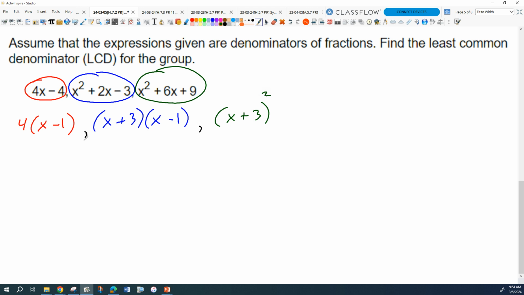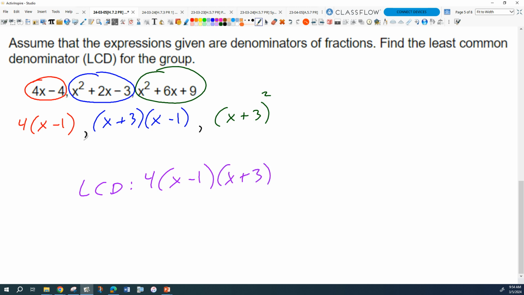Okay, so now if we want to compile our LCD, we're just going to go through, and any new factor that shows up will add to our LCD. So we start off, we need the 4 and the x minus 1, right? Okay, well, we look at the next denominator. x plus 3 is a new factor.